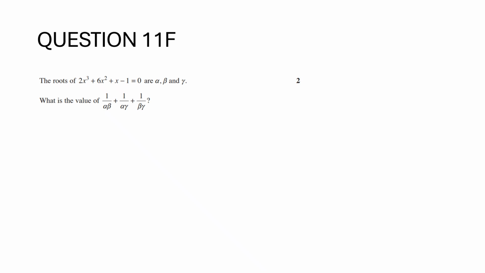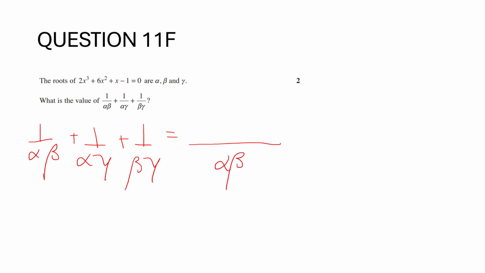11f, the roots of 2x cubed plus 6x squared plus x minus 1 equals 0 are alpha, beta, and gamma. What is the value of 1 on alpha beta, plus 1 on alpha gamma, plus 1 on beta gamma? So you're making a common denominator of alpha beta gamma. Missing from here is gamma, missing from here is beta, and missing from here is alpha. So we need the sum of the roots over the product of the roots. The sum of the roots is equal to minus b on a.